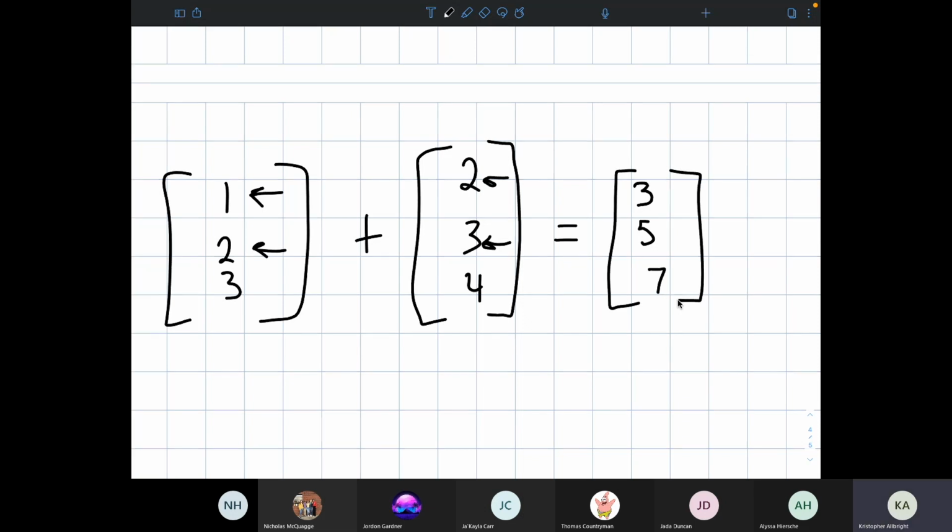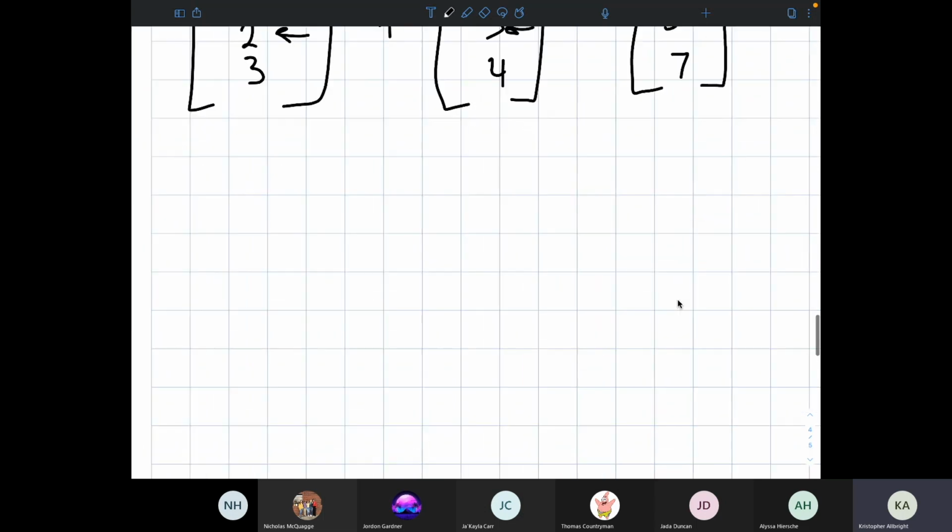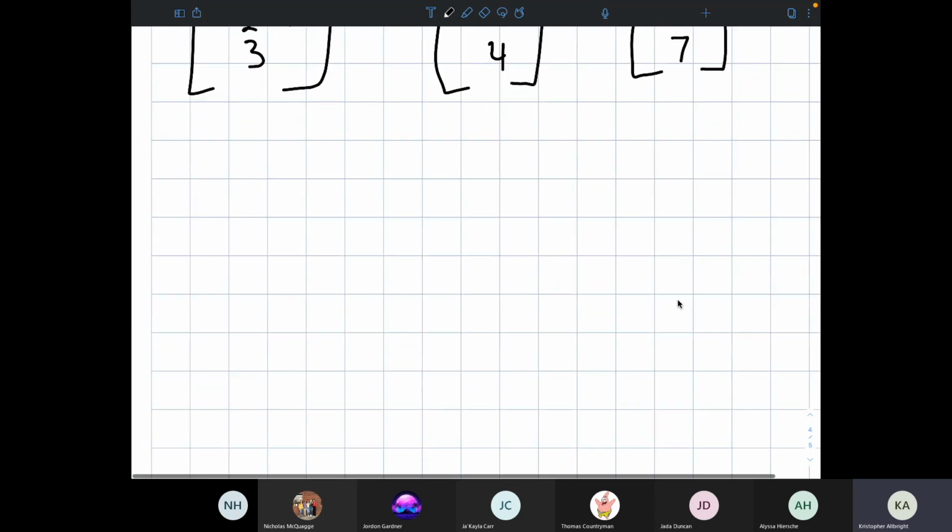And that is our answer. So with matrices like this, you are going to get something out that is the same shape. When we get to multiplication, you're going to understand why I keep harping on that, because you're not going to get the same shape every time when you multiply. But with addition and subtraction, it works just like normal addition and subtraction.